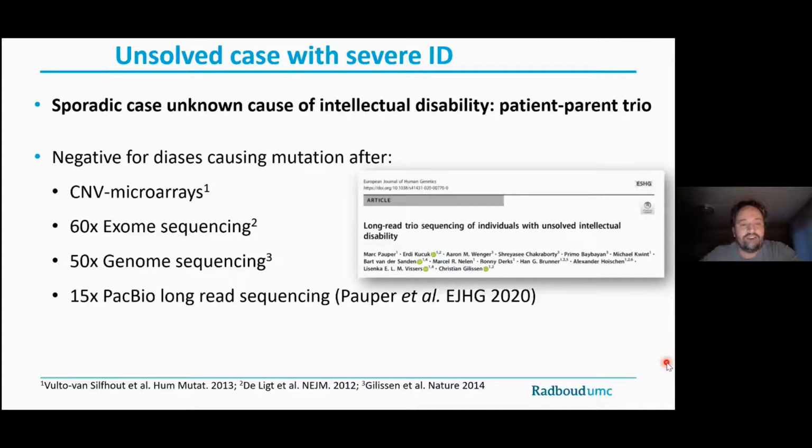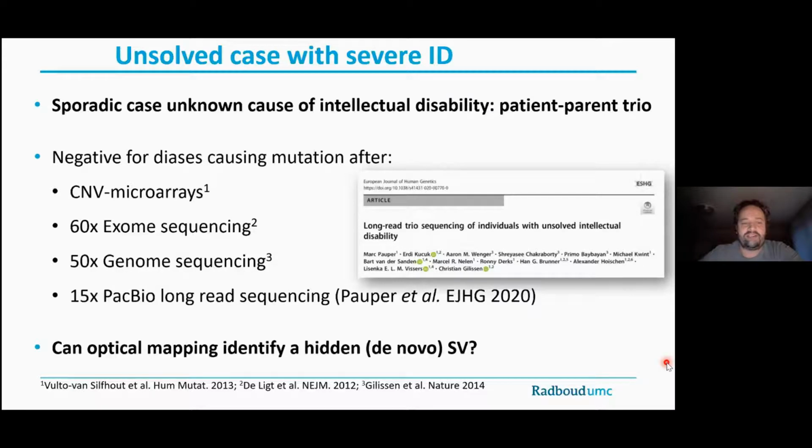And unfortunately, none of these previous assays identified a disease-causing or likely disease-causing mutation. And therefore, the very simple and straightforward question is, can optical mapping identify the so far hidden de novo structural variant, and may that variant even be linked to disease and may therefore be a novel candidate variant?